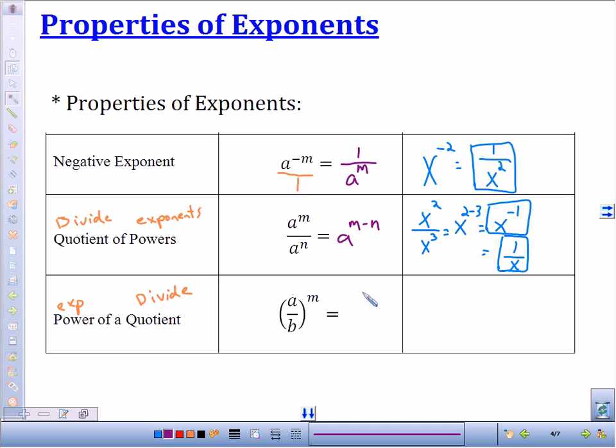And what all that does is give me a to the m over b to the m. That's it. So an example might be if I had x over y to the third, that would be equal to x to the third over y to the third.